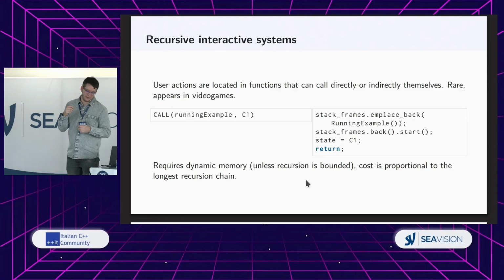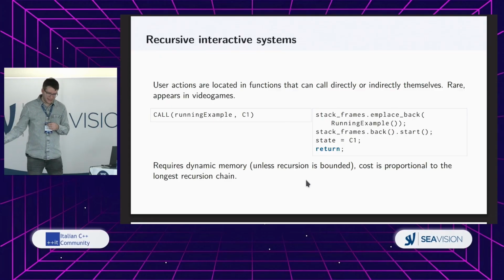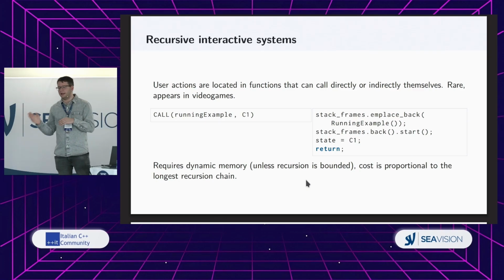And I do not recommend this solution. The only place I ever saw this complexity was in particular video games, where the game was trying to get the user to perform very tricky actions, and those tricky actions were recursive. That is the only place I ever saw it, so I do not recommend implementing this thing if you need it.